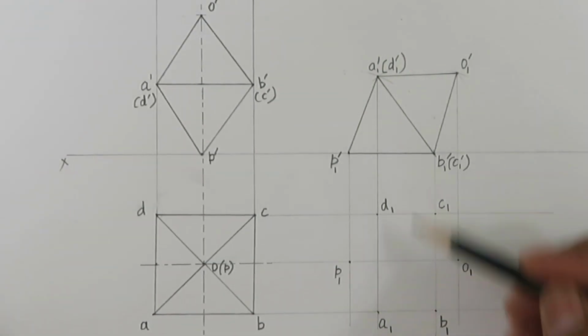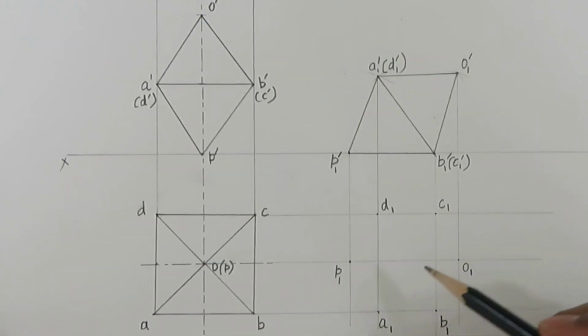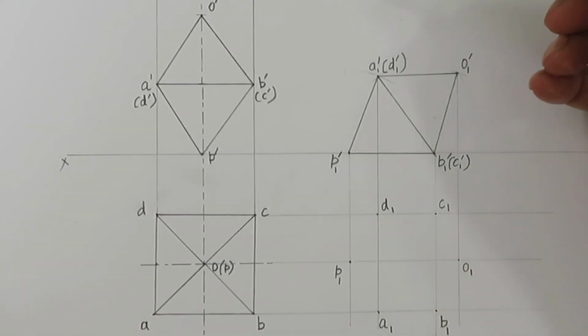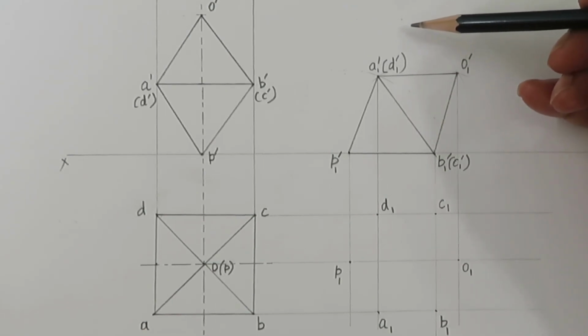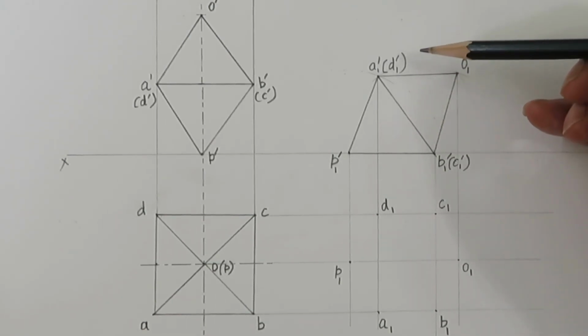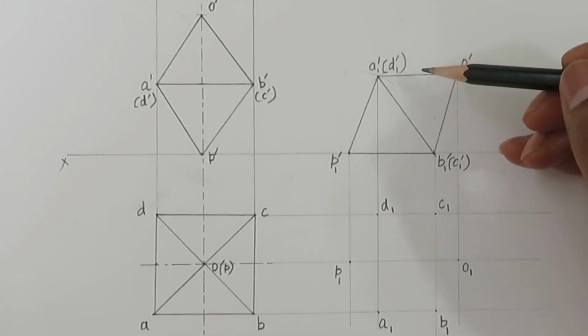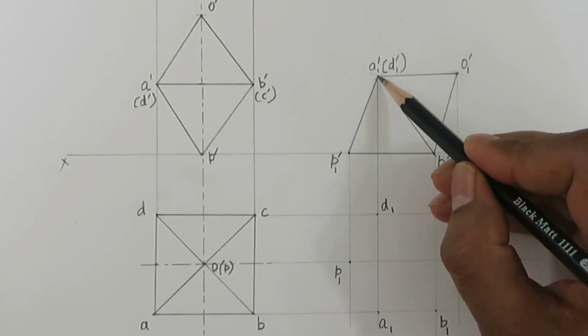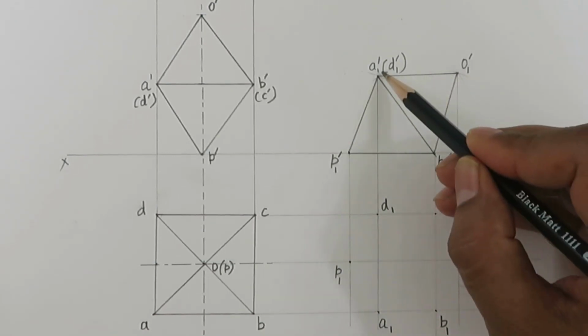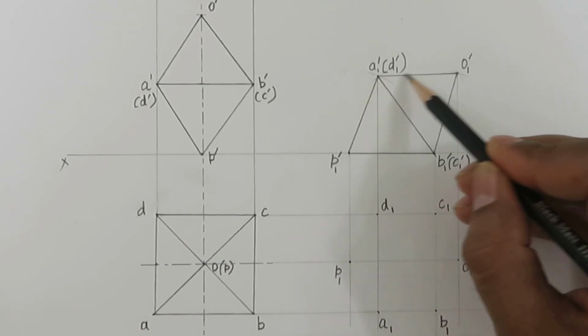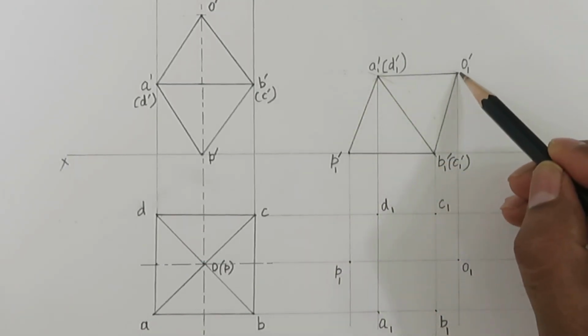So now we have projected the points for the top view. Now we have to identify which edges are visible. So we are looking from the top view, from the top. So we should see which points, which vertices are visible. So for example, A1 prime and O1 prime, this edge is visible.